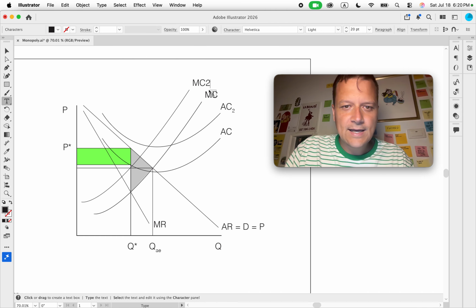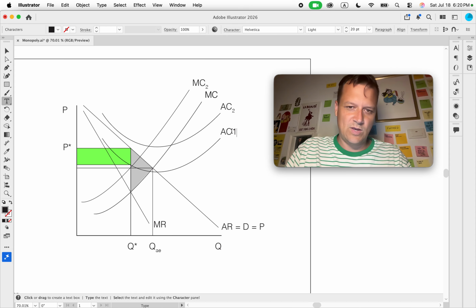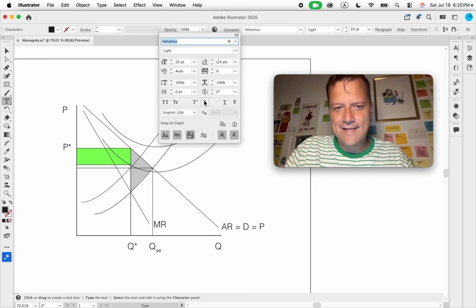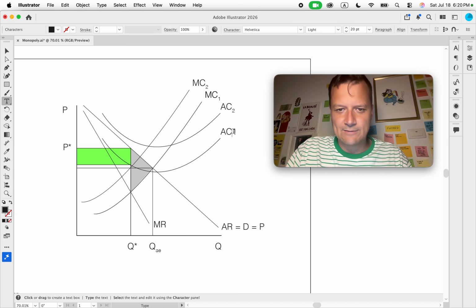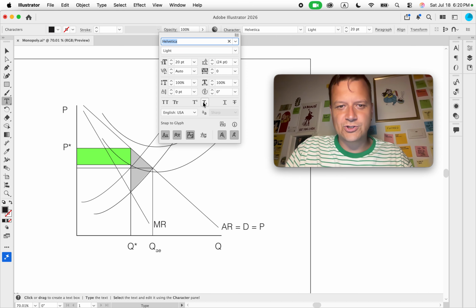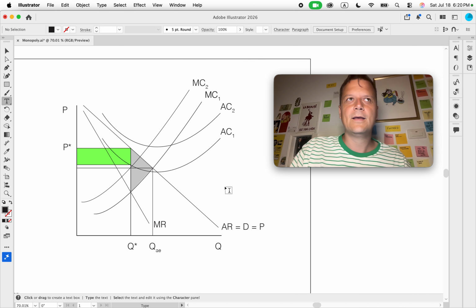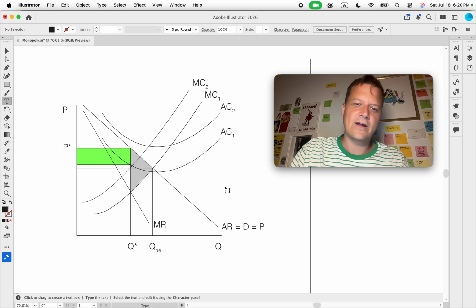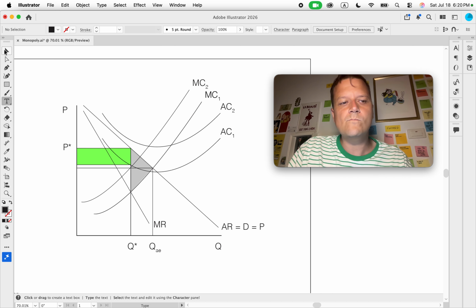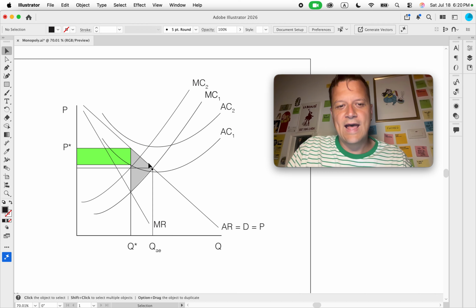And then that is also a subscript, MC2. If we wanted to make it really fancy, we could do AC1 and MC1. Why not? Let's take our time. Don't rush. Okay, you probably have to rush if you're doing this in an exam, you've got to move quickly. But move swiftly. Just move swiftly, okay? All right, so now what's going on here?